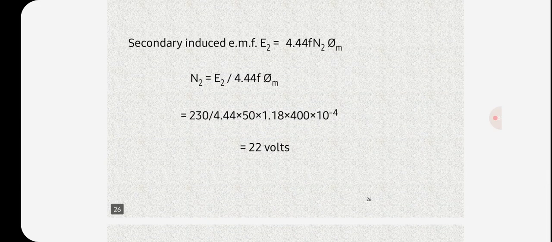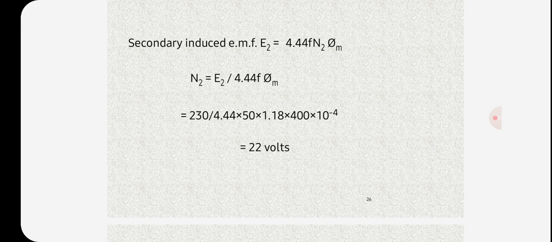Next, in the same way we can calculate the number of turns N2. E2 is equal to 4.44 f N2 phi m, so the number of secondary turns N2 is equal to E2 by 4.44 f phi m.